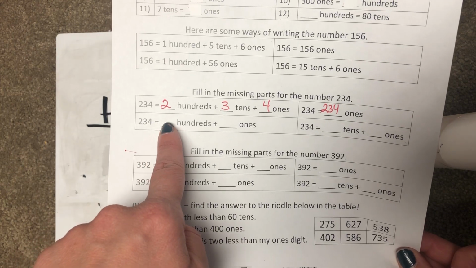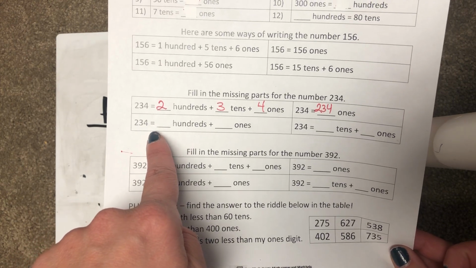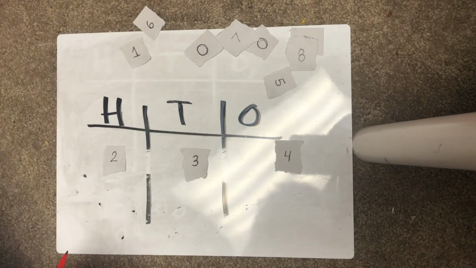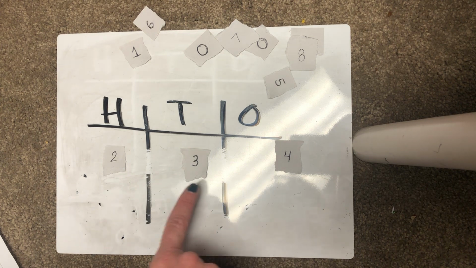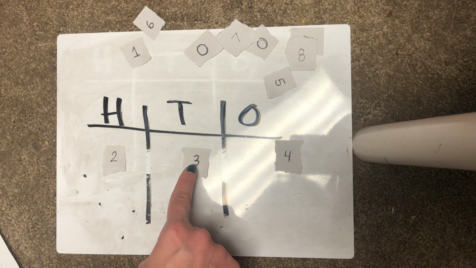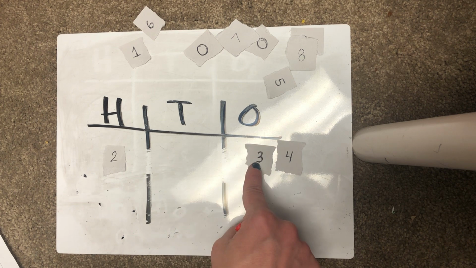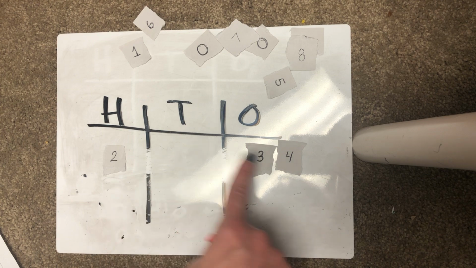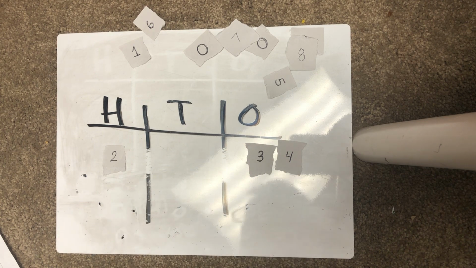The next one, how would you write this if you could only include hundreds and ones? We're going to move the tens to the smaller place value. So we would have 2 hundreds and 34 ones.